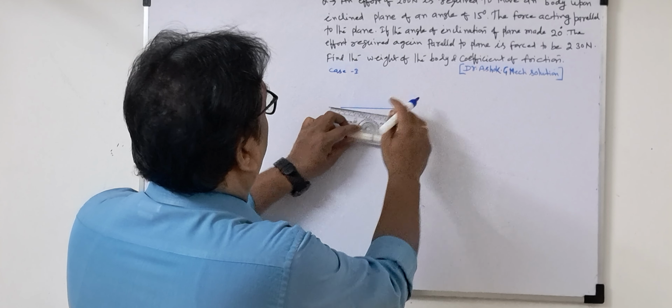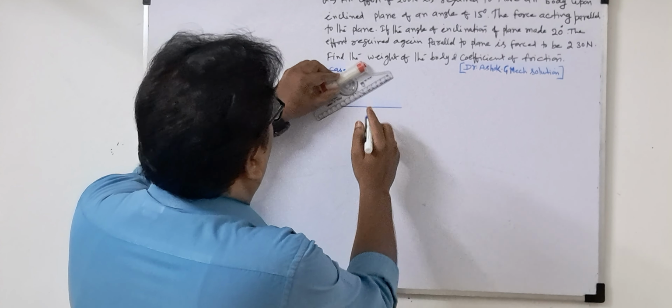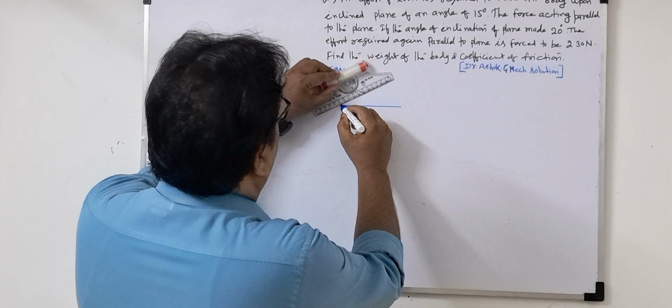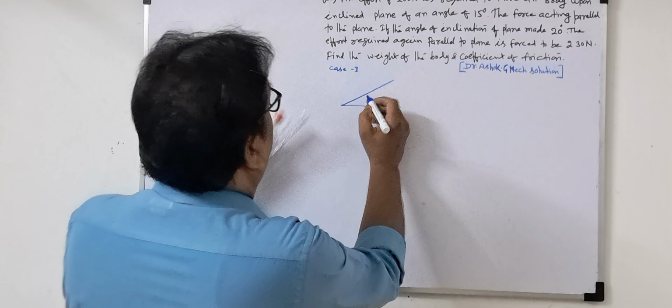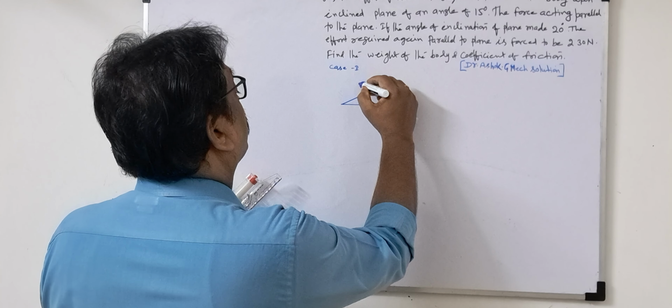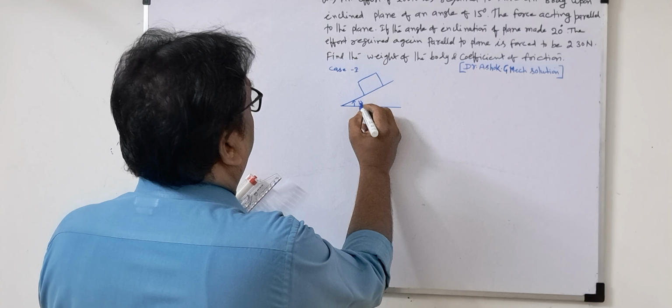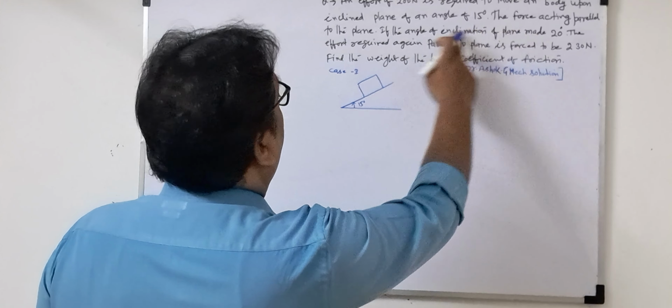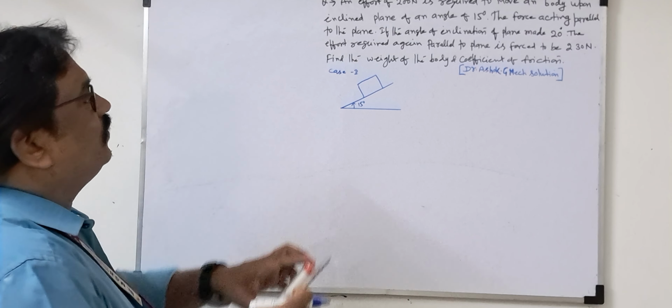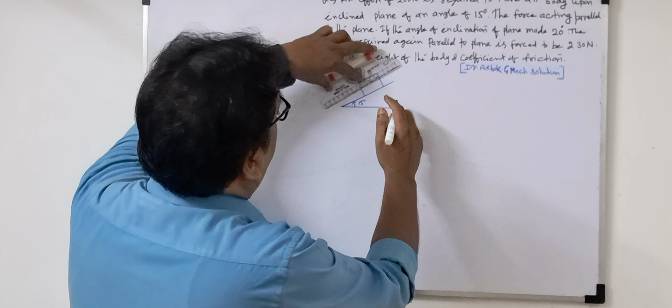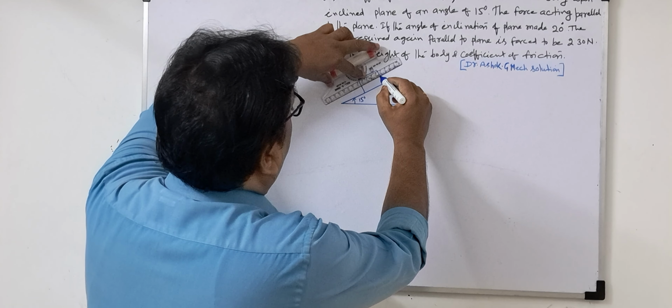So one inclined plane, angle of 15 degrees. This angle is given as 15 degrees, and the force is acting parallel to the plane. How much force? This 200 newtons, acting parallel to the plane.